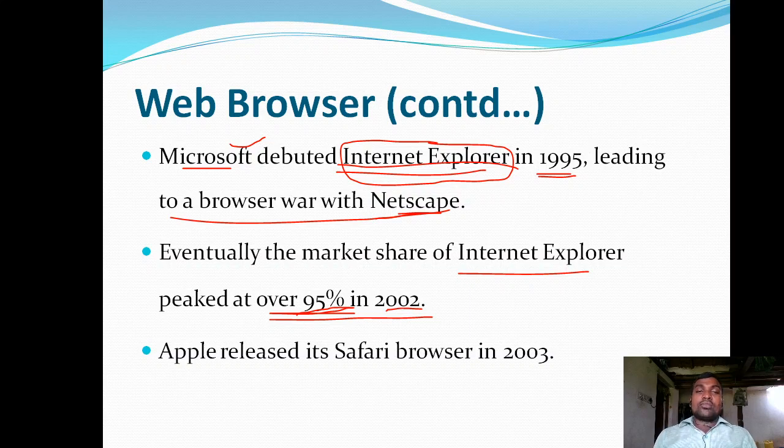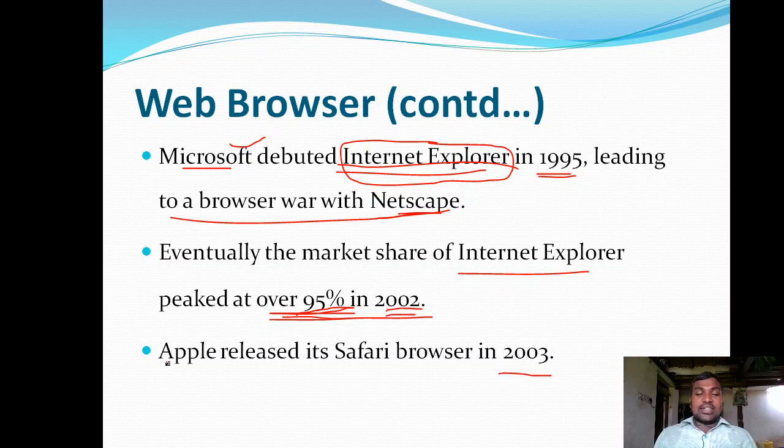At that time, all these operating systems by default had an inbuilt web browser named Internet Explorer. As Microsoft itself installed Internet Explorer with their own operating system, everybody preferred to use it. In this way it became popular, and around 95% of the population in 2002 were using Internet Explorer.